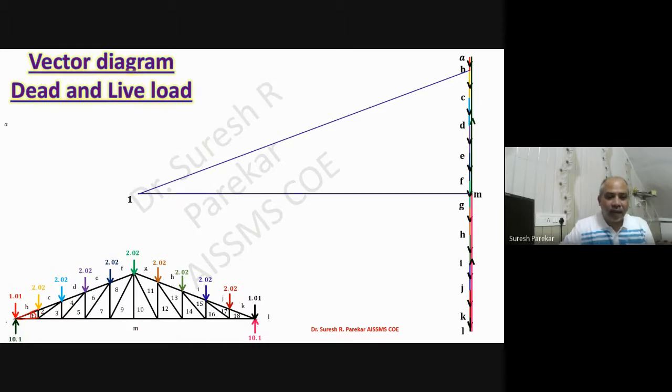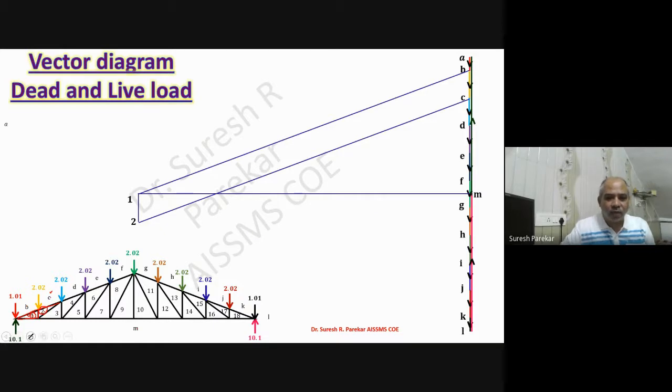Then we have to plot 2, which is 1 2, because now I know point 1, I know point C. I can plot 2. 1 2 we have vertical, so we will plot a vertical line. And then we have C2, so C2 means parallel to this, that will give me point 2.